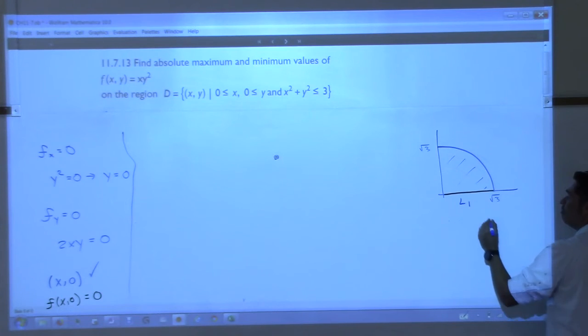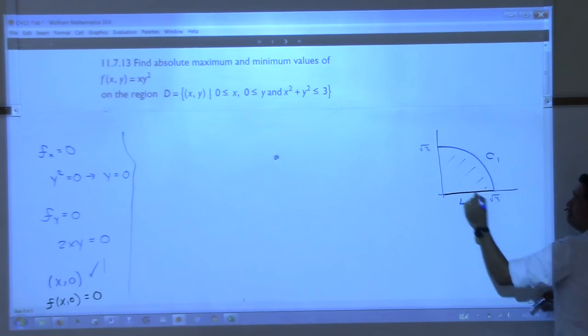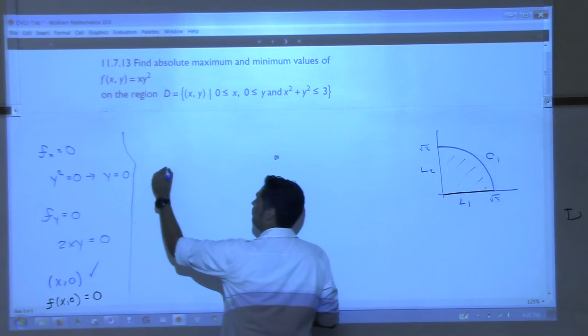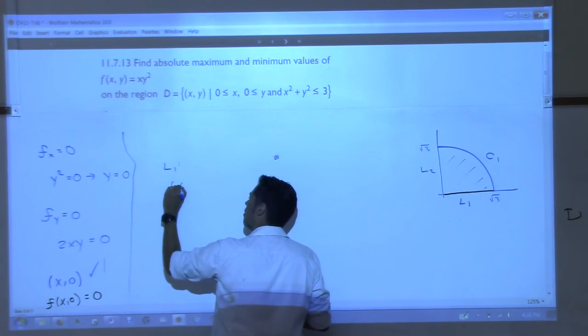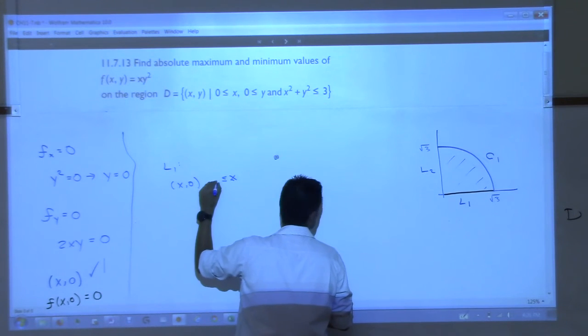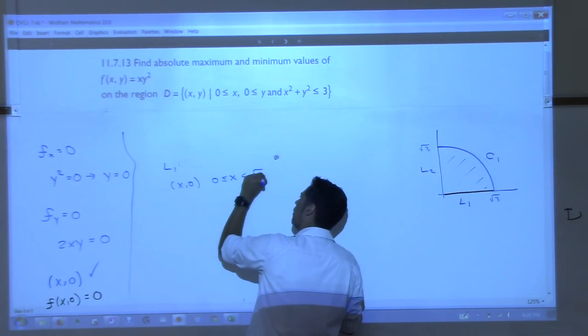L1, curve 1, circle 1, L2. Let's move along L1. All points look like (x, 0). x is between 0 and what? Root 3.